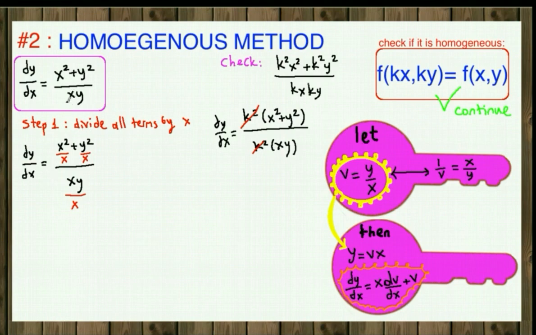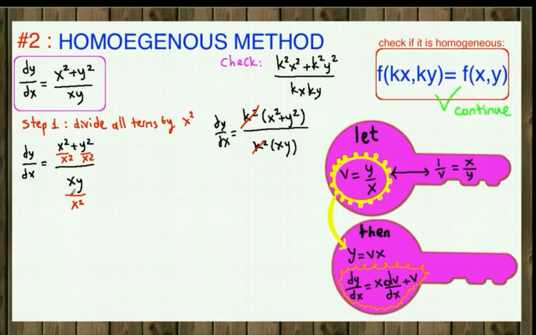Actually, we're going to divide here by x squared because our highest term of x is x squared. If we had only x, then we would have to divide by x. Since we have x squared as the highest term of x, we divide here by x squared.